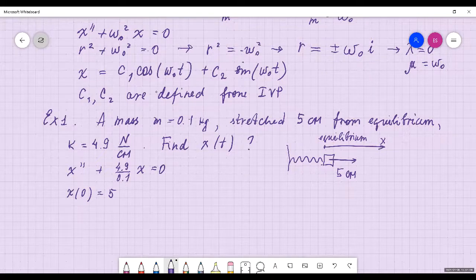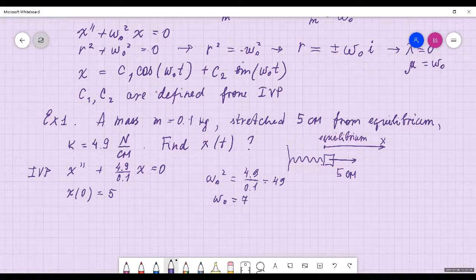Well, this is an initial value problem, which we are going to solve. We already know the solution, right? We're not going to pretend that we're solving it one more time. So we know that omega 0 squared equals 4.9 over 0.1, which is going to give us 49, from where omega 0 equals 7, the square root of 49.